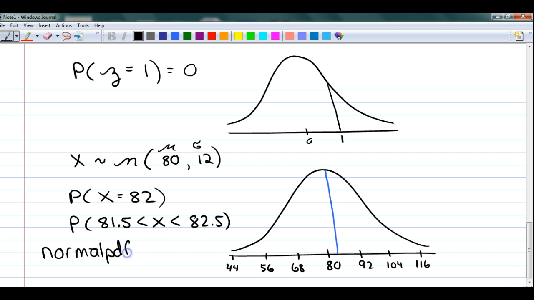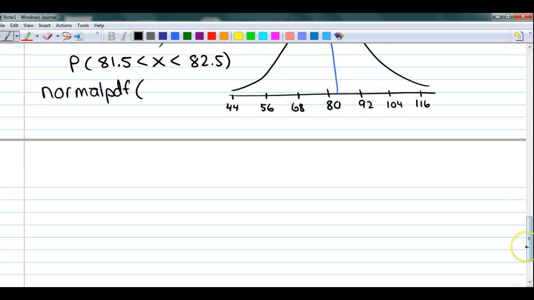These don't always match exactly. But if I wanted to do normal PDF, my calculator would ask me for my x value, 82. It would ask me for my mean, 80, and my standard deviation, 12.